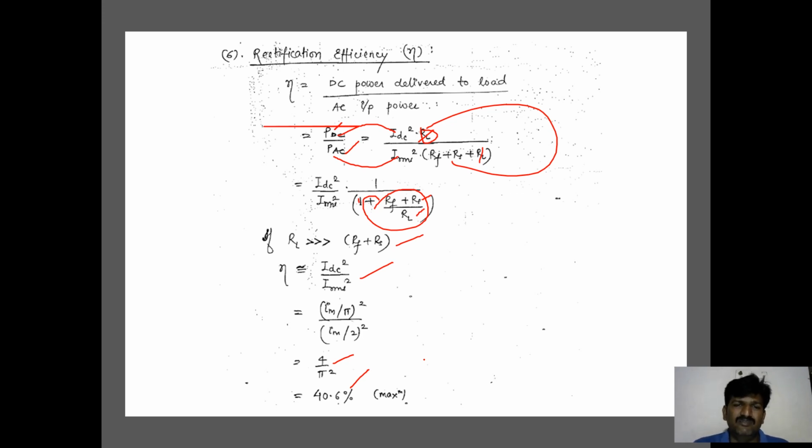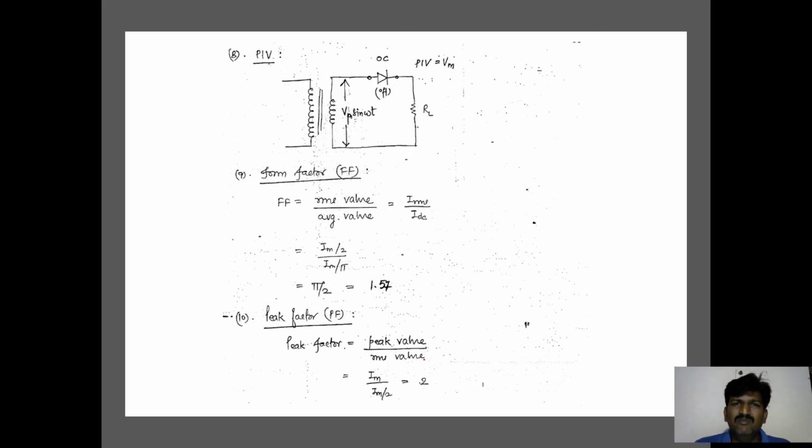Peak inverse voltage: the maximum negative voltage that can be applied to the diode, which the diode is capable of withstanding, is called the peak inverse voltage, and it is equal to Vm only.